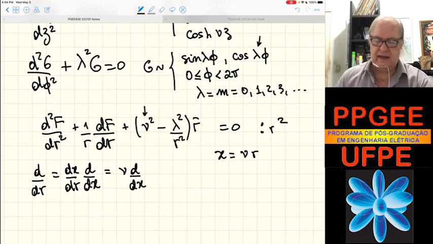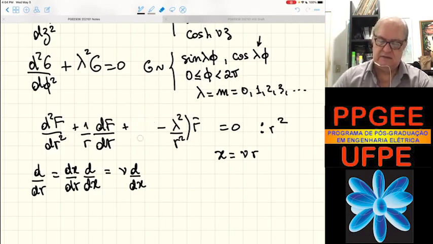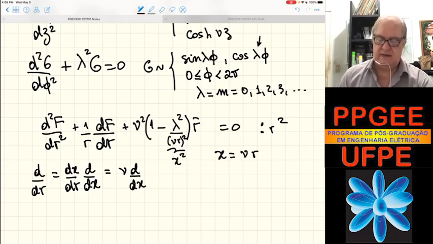Here I can put nu square, I can factor it out. Can do something like this, 1 minus, then here is going to be nu r square, right? Which is x square, right?